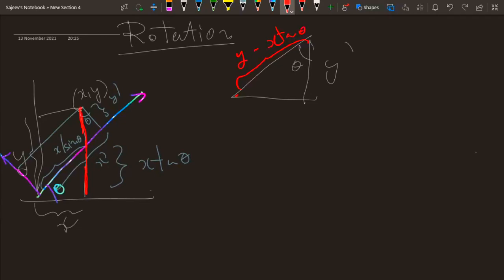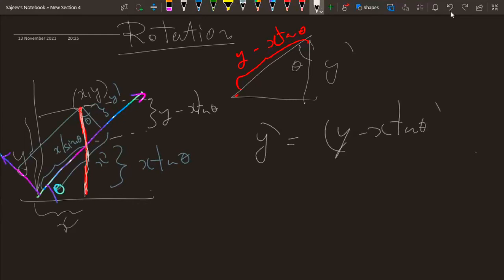Let me mark that in the diagram. Let's just do this length is y minus x tan theta, and from here y dash is kind of obvious, right? What is y dash? We have y dash equal to y minus x tan theta into cos theta.